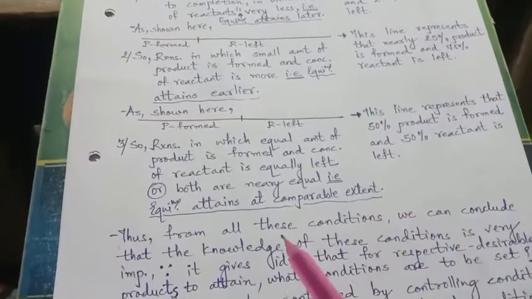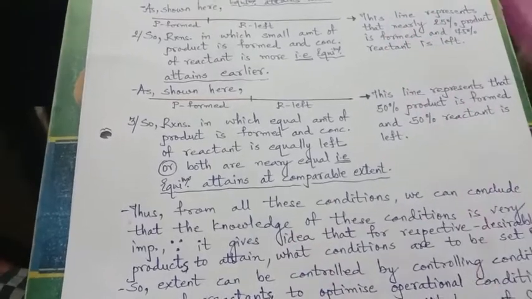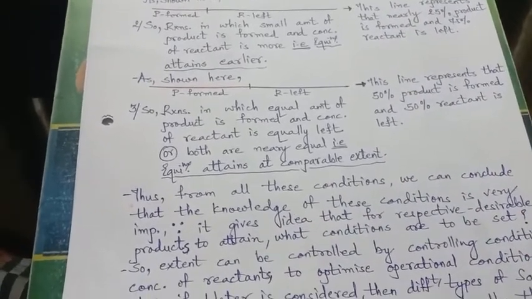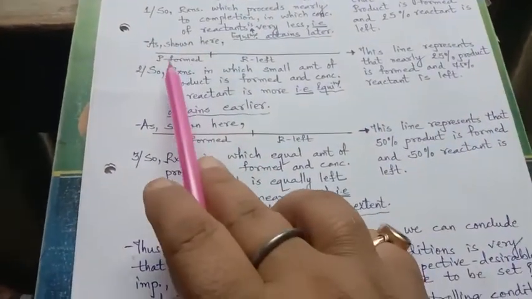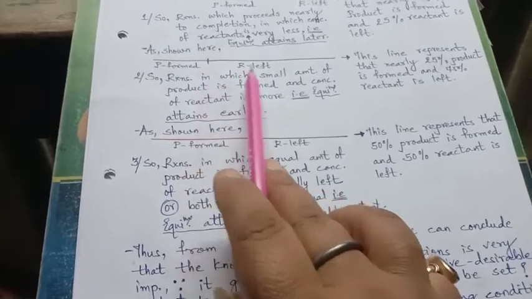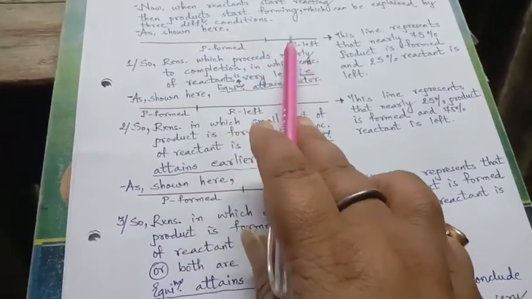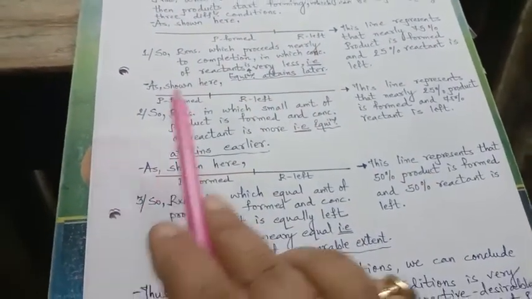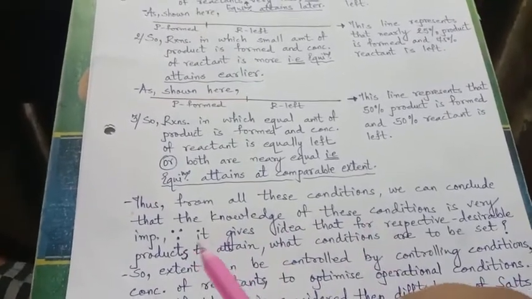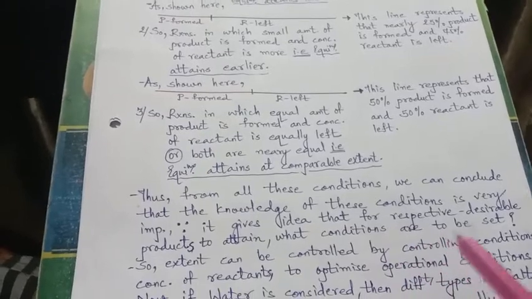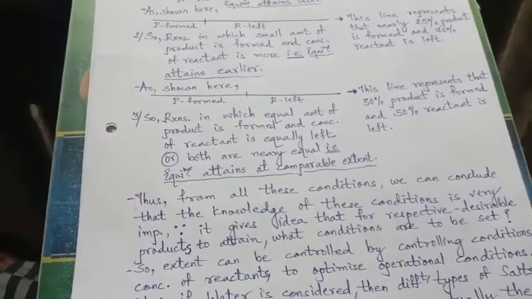From all these conditions we can conclude that knowledge of these conditions is very important. Why? Because knowing that if this much product is formed, this much reactant is left, gives us the idea of what conditions are to be set to attain the respective, desirable products.